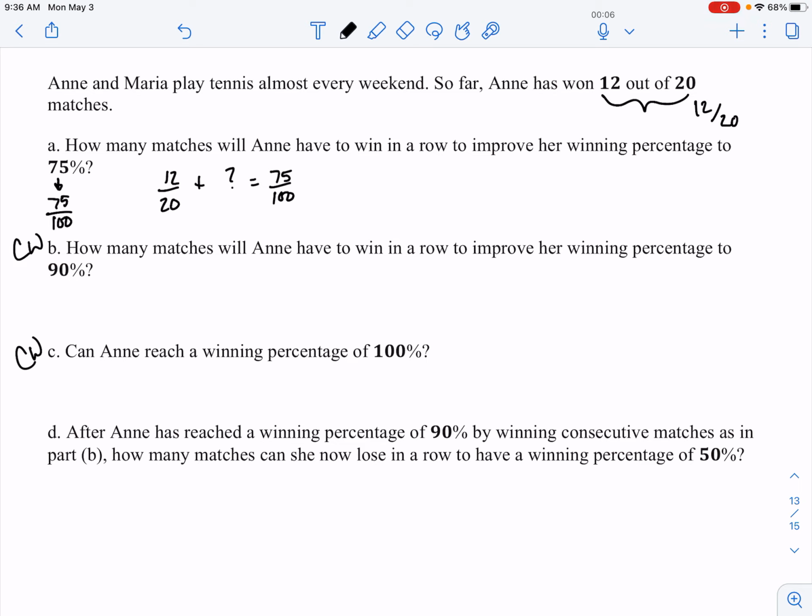The way I approach this problem is, you can say, by guess and check. So let's just use the number 5 for example. Say she plays 5 more matches and she wins all 5 of them. She will have won a total now of 17 matches and have played a total of 25.